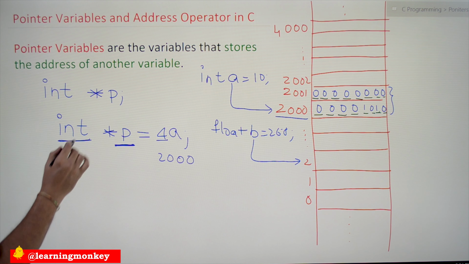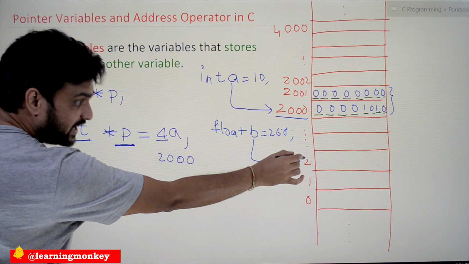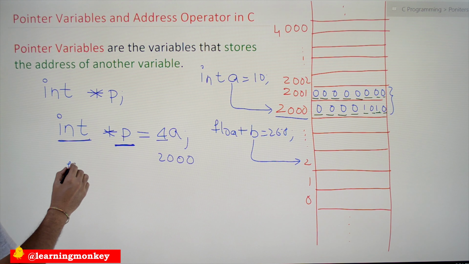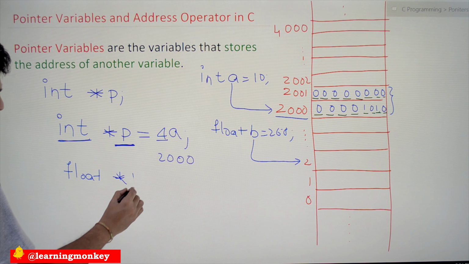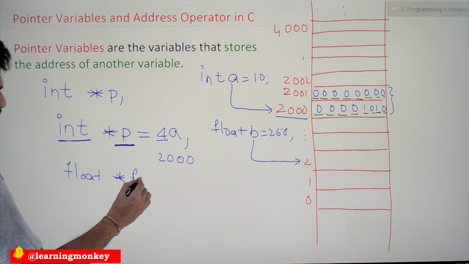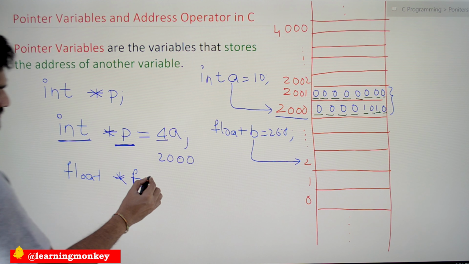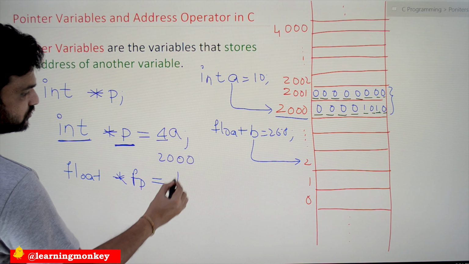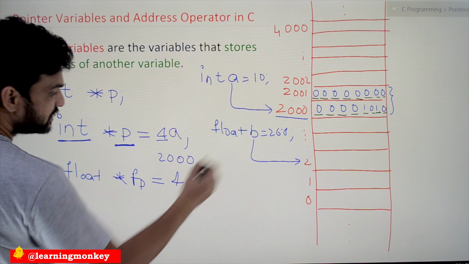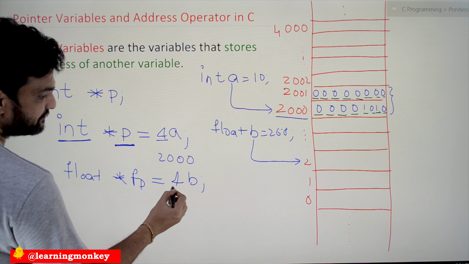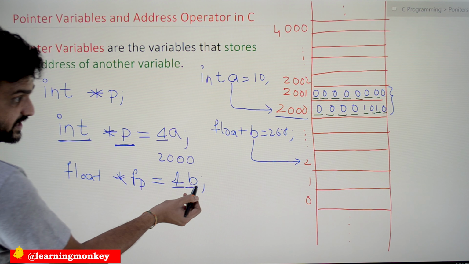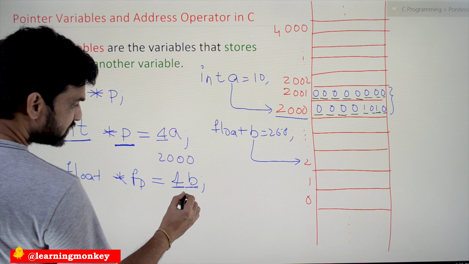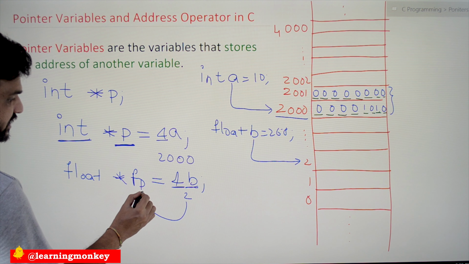So how to declare a pointer to store that address? It is float star fp is equal to ampersand b. Ampersand is the address operator. What is the address of b? It is 2. So the 2 will get stored in fp.